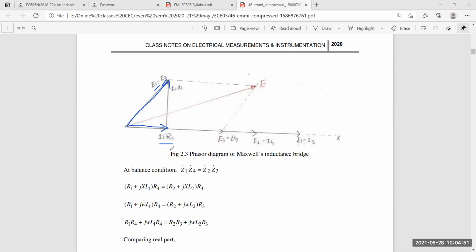Here you keep the unknown part, that is Rx. We can also take it as R1. So for the phasor, we are taking it like this. And another, you can take it as I1 X1. This is totally optional, how you take it. Now we can extend this: whatever we have done with this line, we have drawn a parallel line here.